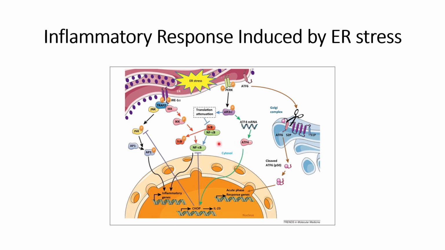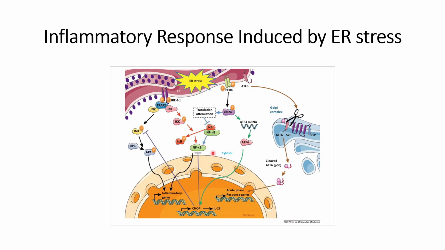Another function of this EIF2 alpha is to modify the ATF4 mRNA so that it makes ATF4, and that will go into CHOP, which will increase the formation of CHOP protein. What this CHOP protein does is help to reduce the inflammation in two ways.